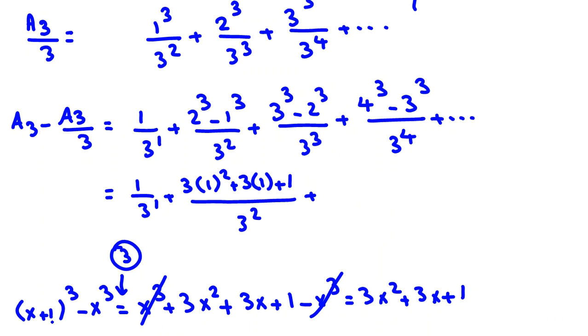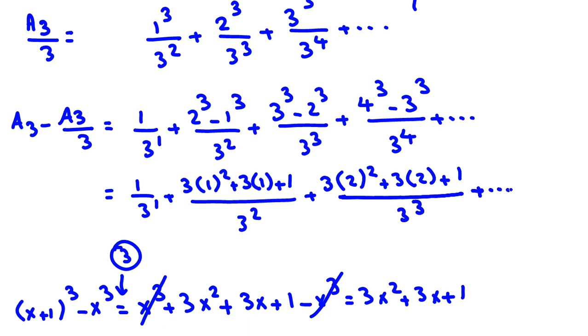If you replace here, 3x squared plus 3x plus 1, x is 2: 3 times 2 squared, 4, 3 times 4 is 12, plus 3 times 2 is 6, plus 1, is 19. So we can write the next one, 3 times 2 squared plus 3 times 2 plus 1, all over 3 cubed, and so on.